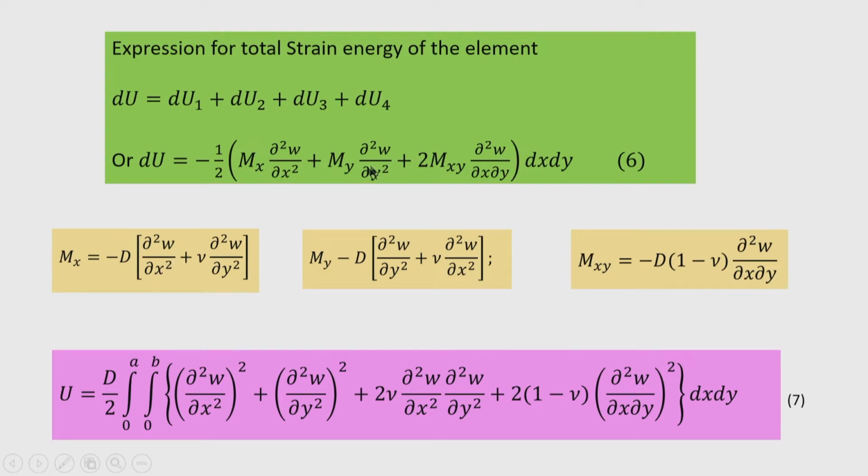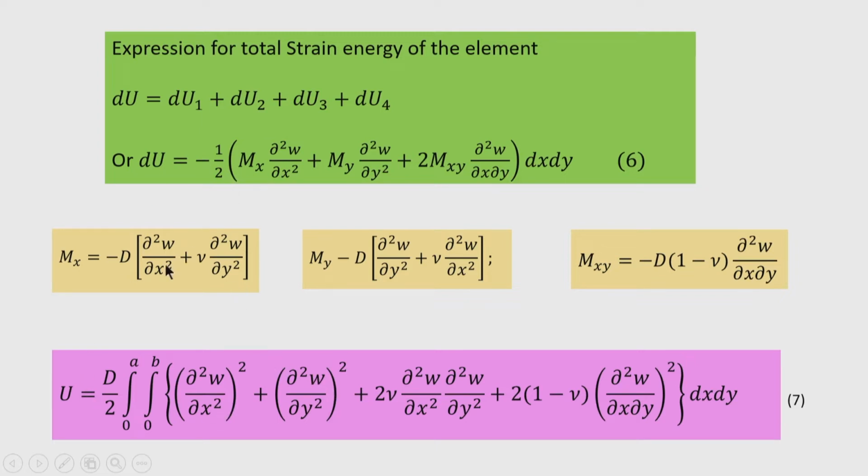After arranging this, the strain energy can be written in terms of the derivatives of the deflection. Here ∂²w/∂x² comes directly from here, and the D by 2 term will be there. All these bending moment expressions have negative signs, so ultimately the strain energy will be a positive quantity.